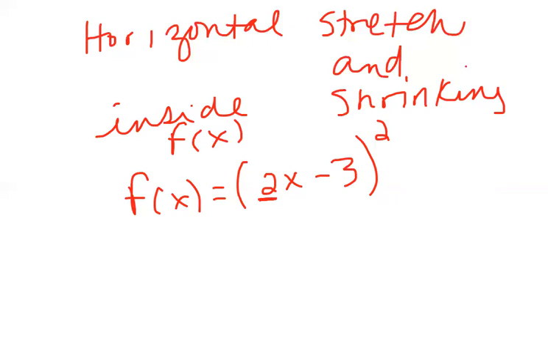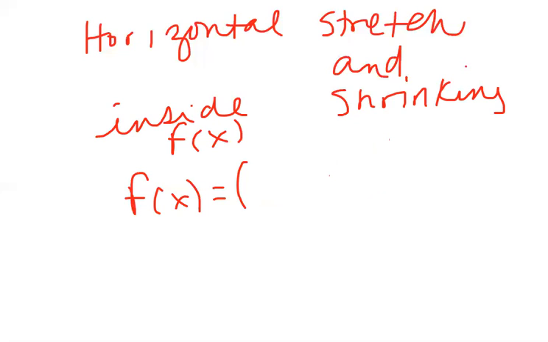Now, we don't stress this as much. The one that we stress the most is the vertical stretching and shrinking. So when you are doing these particular transformations, you're not going to have vertical stretching or shrinking. You're not going to have horizontal stretching and shrinking, but just so you know, this is going to happen inside the function.